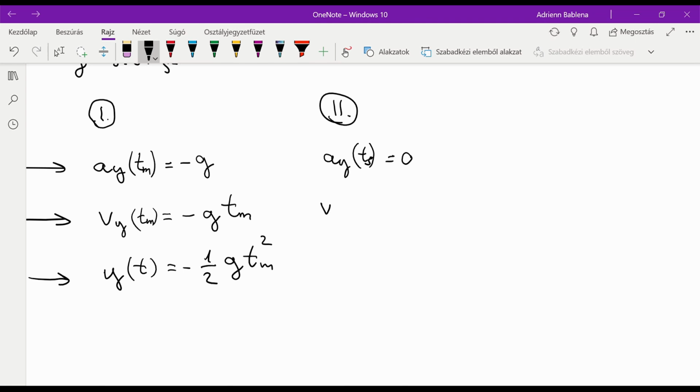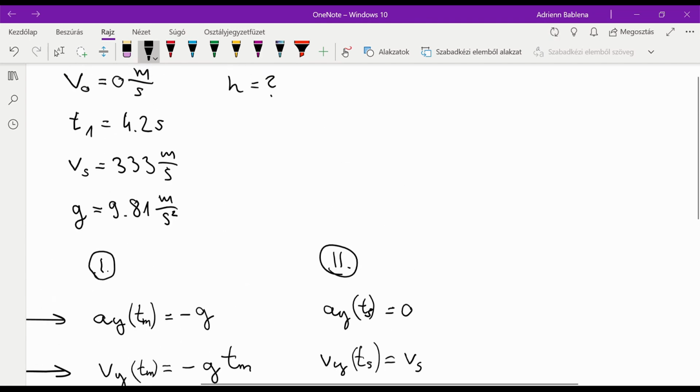Okay, so Tm is for the material point, Ts is for the sound. After that Vy of Ts will be a constant Vs, and we know the speed of sound Vs.